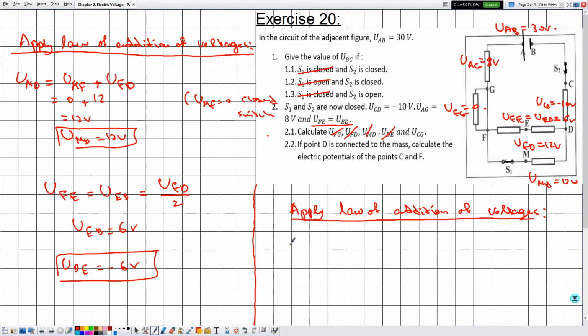Then we are interested in determining UCG going from C to B plus B to A and A back to G. UCB is equal to 0, justified previously.